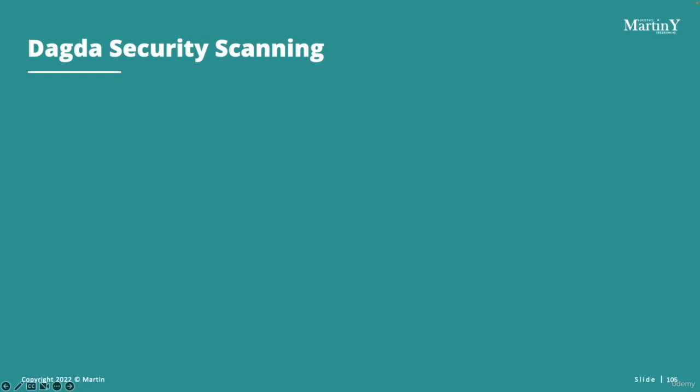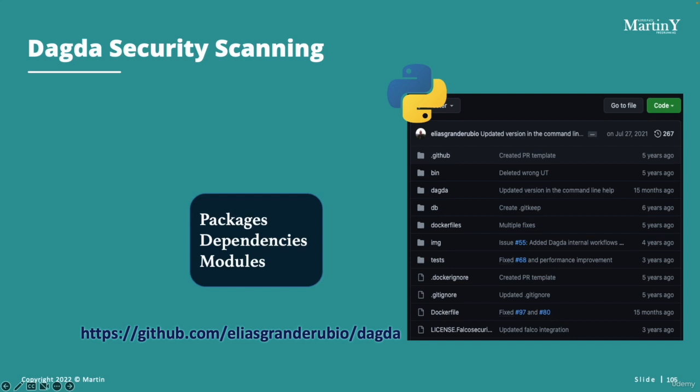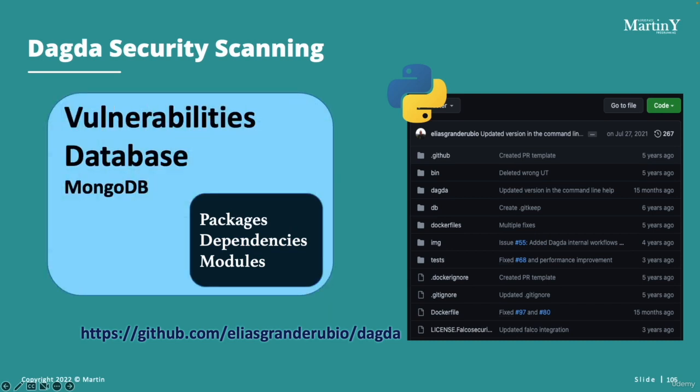Another quite useful tool is Dagda. This is also an open source tool, but in this case, the developers chose to use Python to perform the static analysis of known vulnerabilities in Docker images and containers. It also helps you monitor running Docker containers and detect anomalies. Dagda retrieves information about the software installed in your Docker image, such as operating system packages, libraries, dependencies, and modules, and matches them against a bigger database which stores all the vulnerabilities.